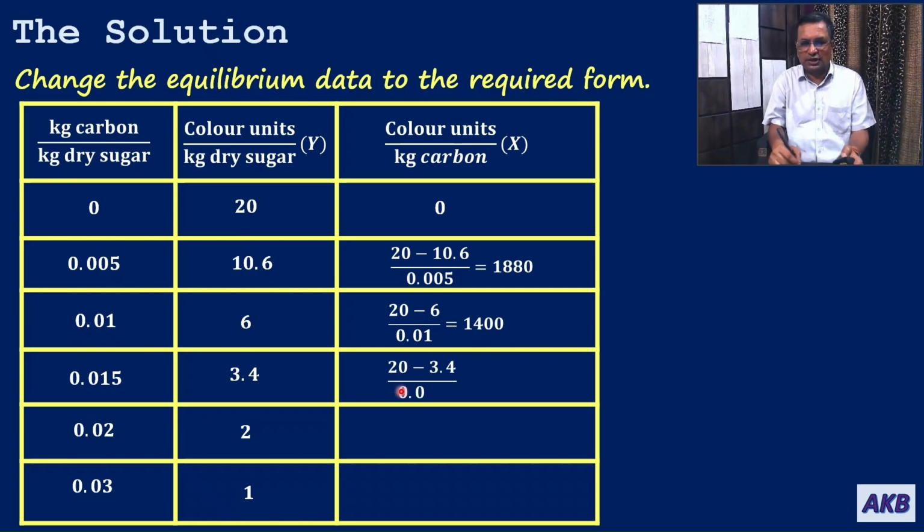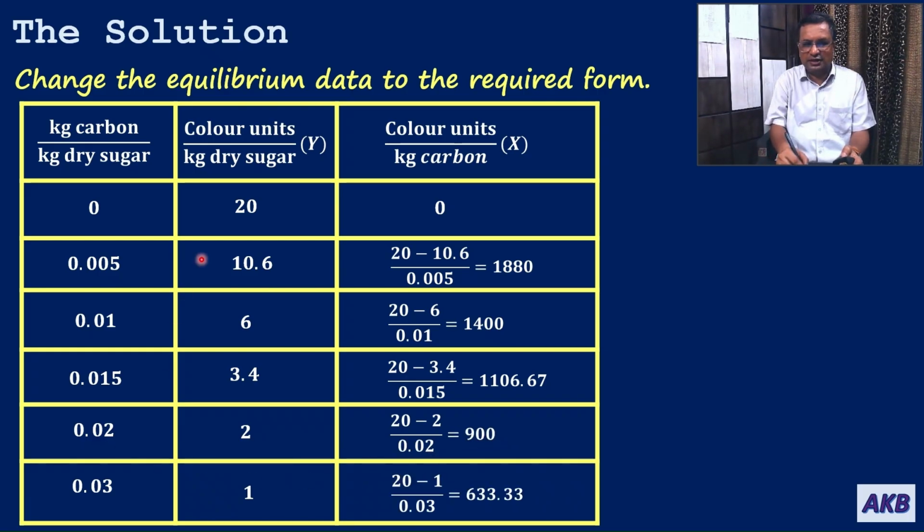So that is 1400. Then 20 minus 3.4 divided by 0.015 would be 1106.67. And then 20 minus 2 divided by 0.02 would be 900. And finally 20 minus 1 divided by 0.03 will be 633.33.